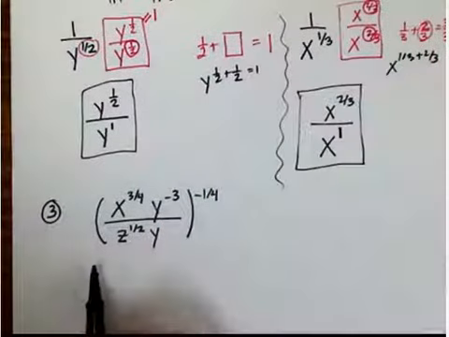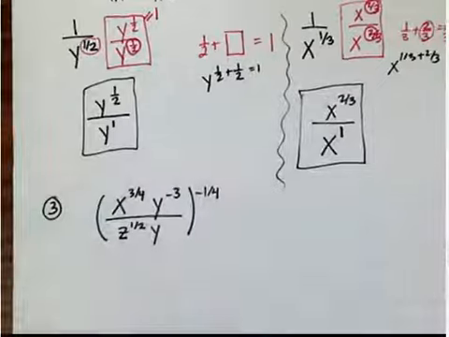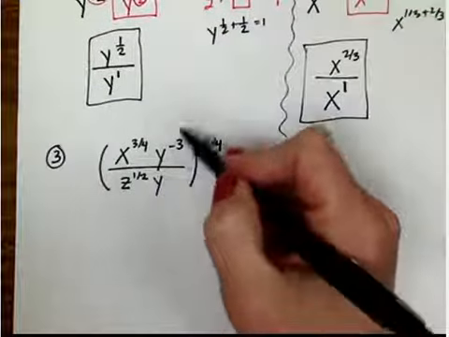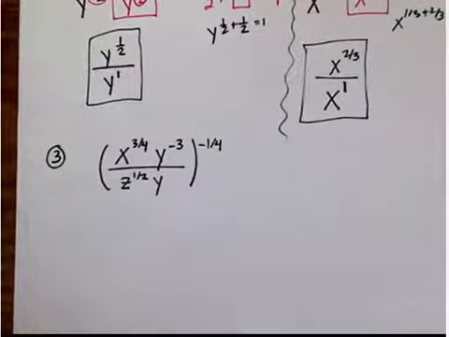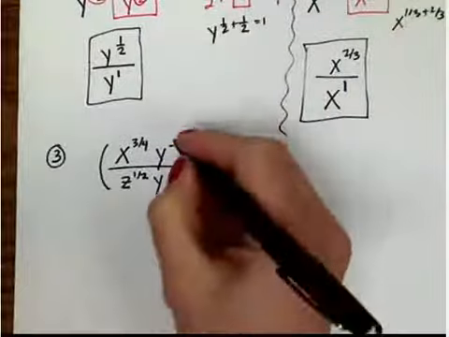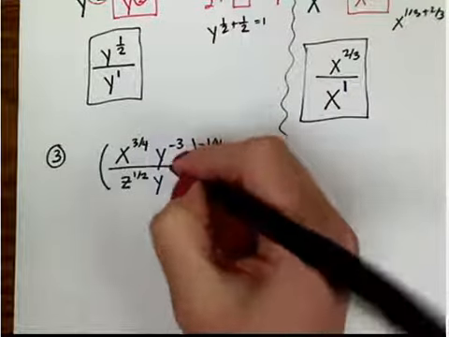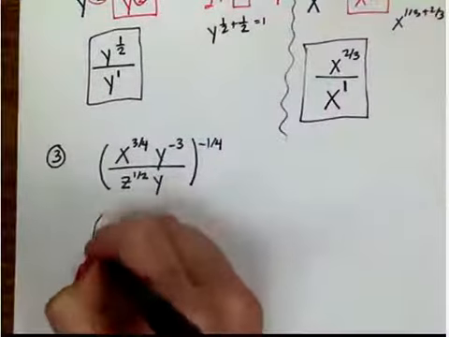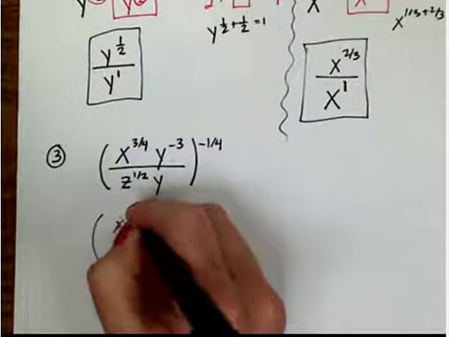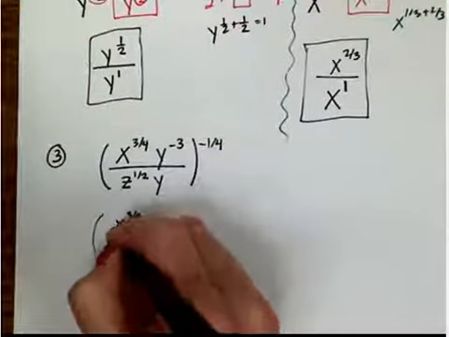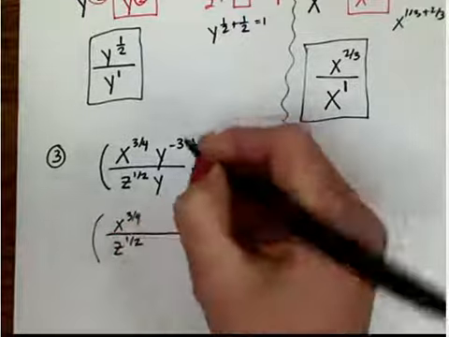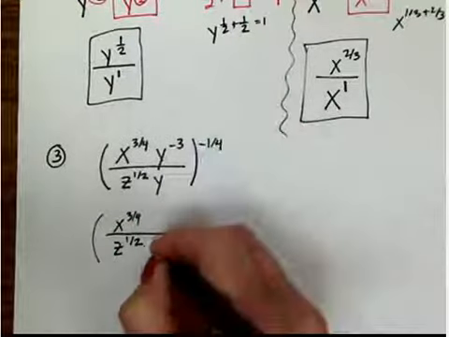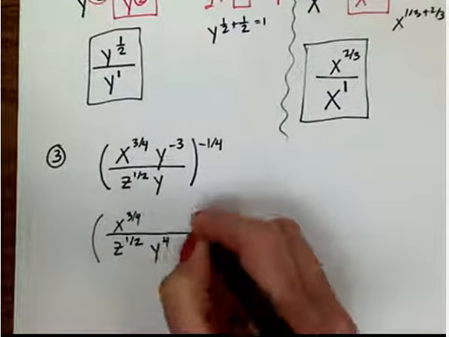Okay, so we can start on the inside or the outside. I notice that on the inside, I have these two y's that we could combine pretty quickly. So let's go ahead and do that. This negative exponent is in the wrong place, so let's move that. Okay, so this goes down to the bottom, and this is going to give us y to the fourth.